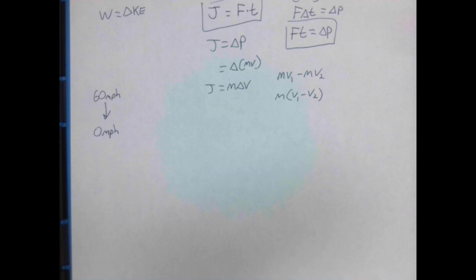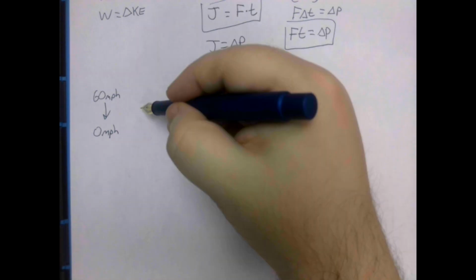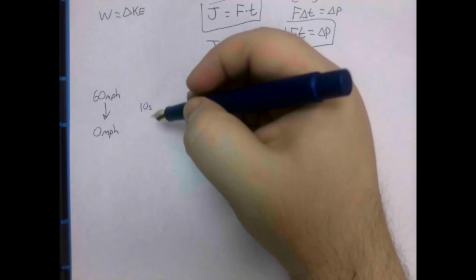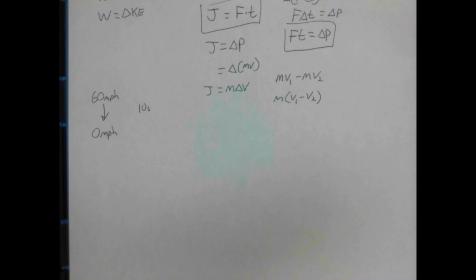So you have some momentum and then you go to 0 momentum. If you do this over 10 seconds, what would your force be? Not that much. You'd feel yourself go forward, but it's somewhat like slamming on the brakes, going from 60 to 0 over 10 seconds.